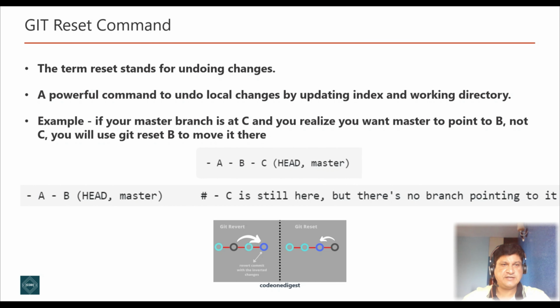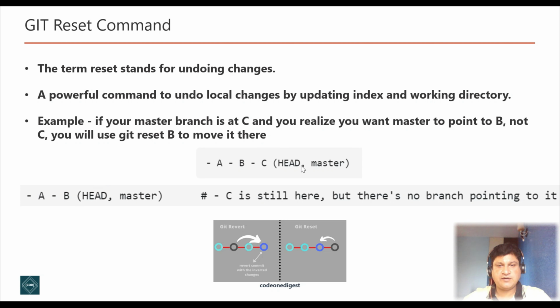Now let's see the git reset command. Git reset is also for undoing changes, but it's a powerful command to undo local changes by updating the index and the working directory. For example, in this example I have version A, B, C, and your master branch head is pointing to C. You realize that you want master to point at version B, not version C, so you use git reset B to move it there.